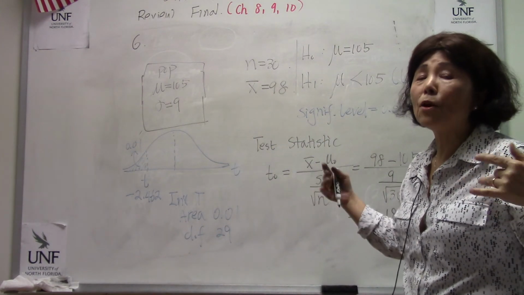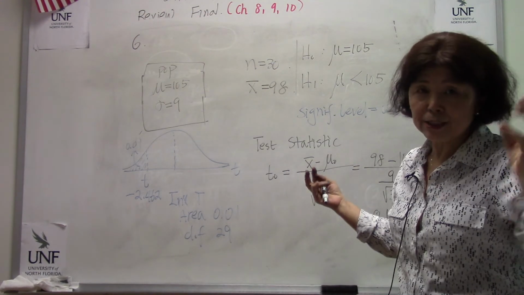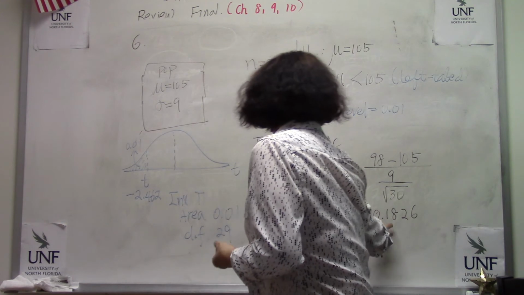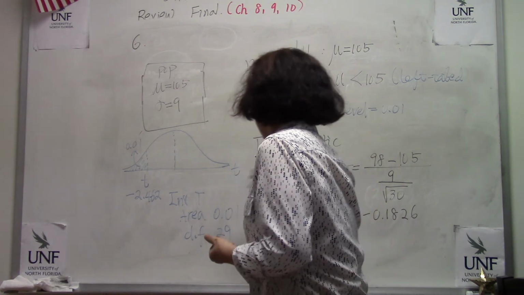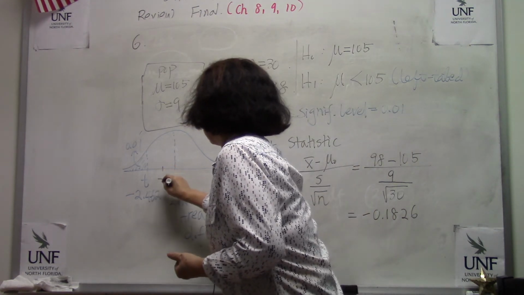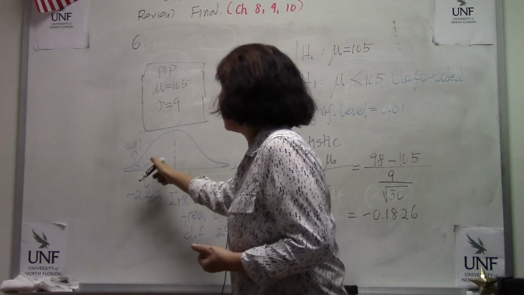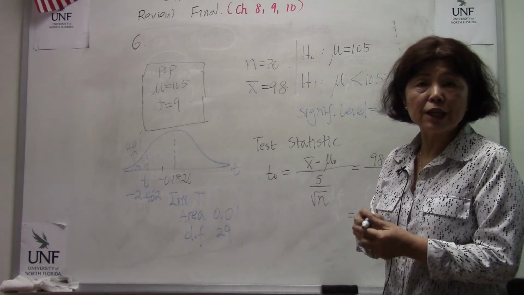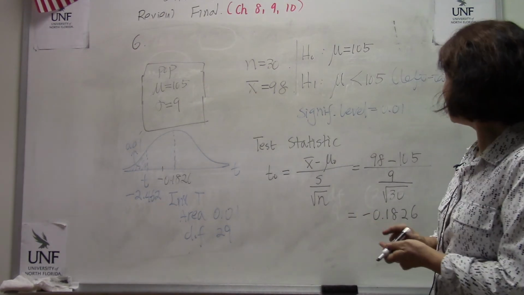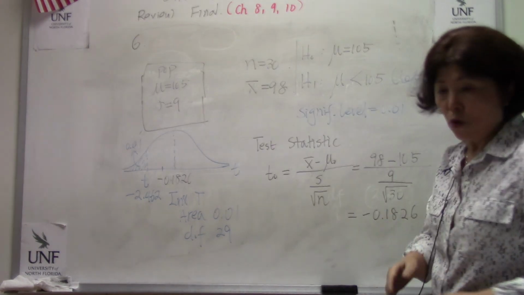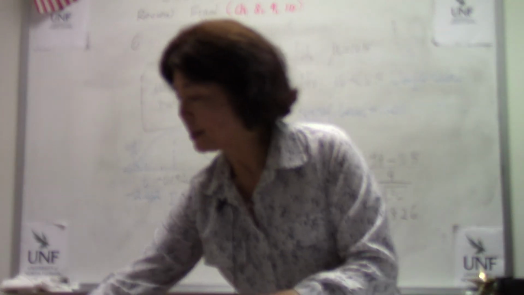Another easier way to understand is rejection region. So this one is negative 2, and this one is negative 0.1 something. So it's going to be over here. 0.1826 does not fall in this rejection region. So we do not reject. Okay? So our conclusion is we do not reject H naught.